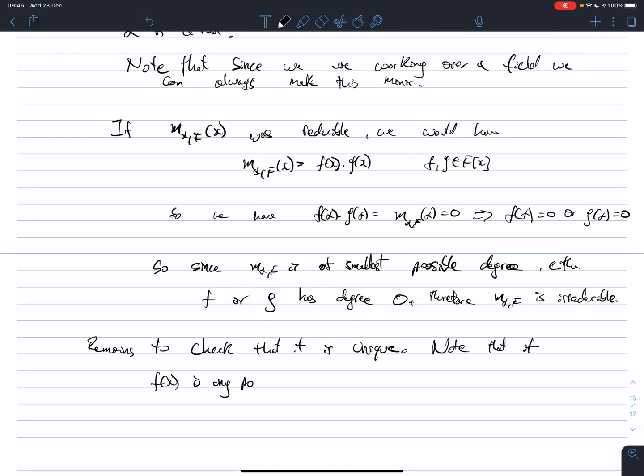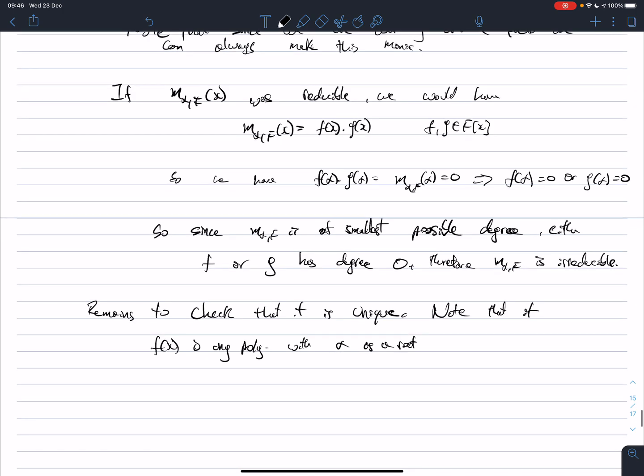So note that if you have any other polynomial with alpha as a root, by my minimality of m of alpha, m of alpha will have to have degree smaller than f of x.